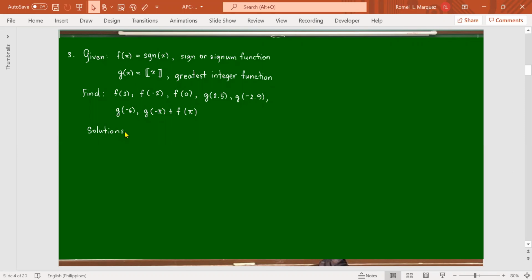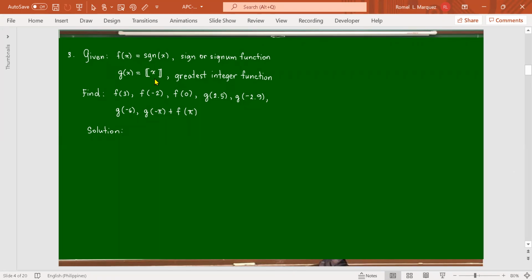Okay. So the first one determines the sign of a number x, no? If x is positive, you have 1. If x is negative, you have -1 as the value of this function. If x is 0, neutral, neither negative nor positive, it is 0, okay? And for the greatest integer function, this is the greatest integer that is less than or equal to x.